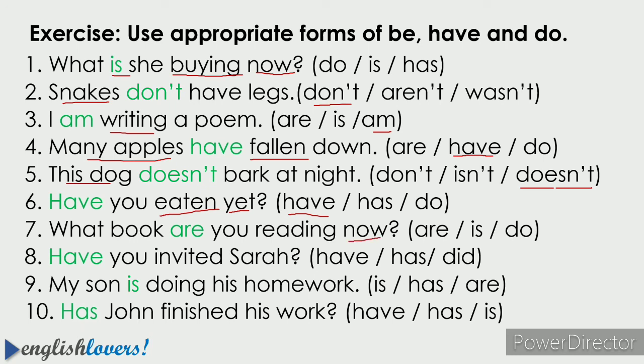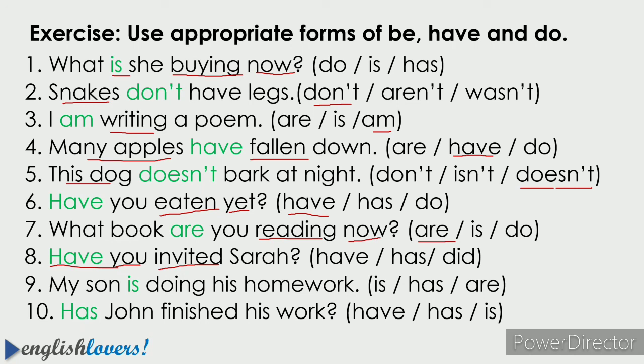So now is there, so continuous aspect. Reading is there, so the ing form is there. So what you need to put is are, that is the appropriate form of the be verb. Now again the next sentence is present perfect tense, because invited is the past participle of invite, and the subject is you, so have is the appropriate form of have.